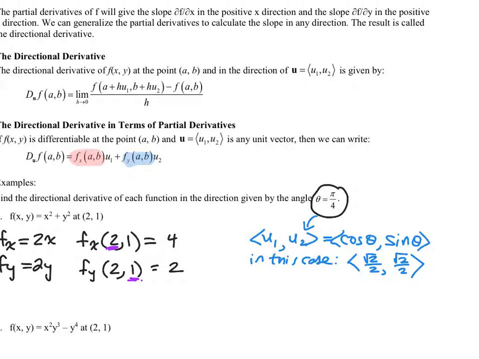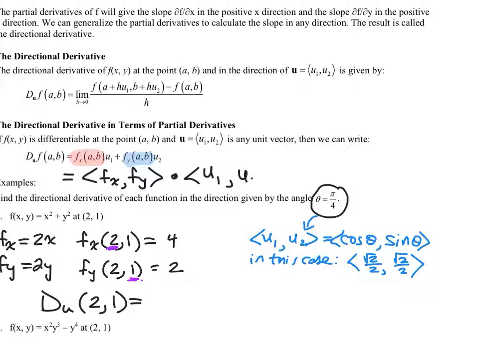And so my directional derivative, D sub u, at 2, 1, is going to be the dot product between those partials and my unit vector. So if we're looking at f sub x, comma, f sub y, and my unit vector, u sub 1 and u sub 2, the directional derivative is the dot product between those two quantities.